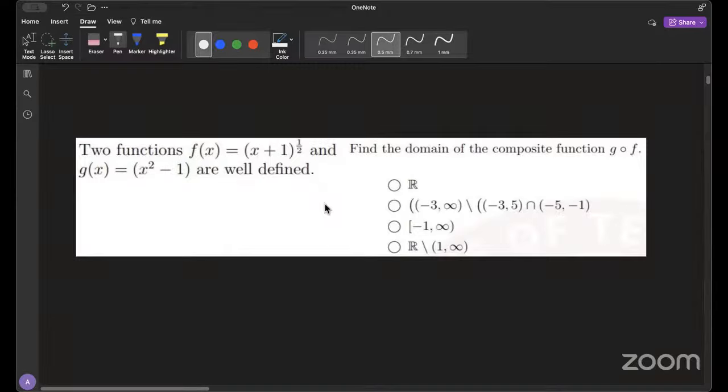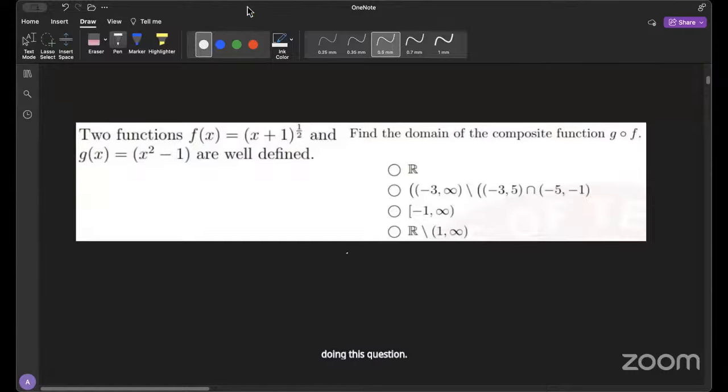Is anyone done doing this question? Okay, let's see.